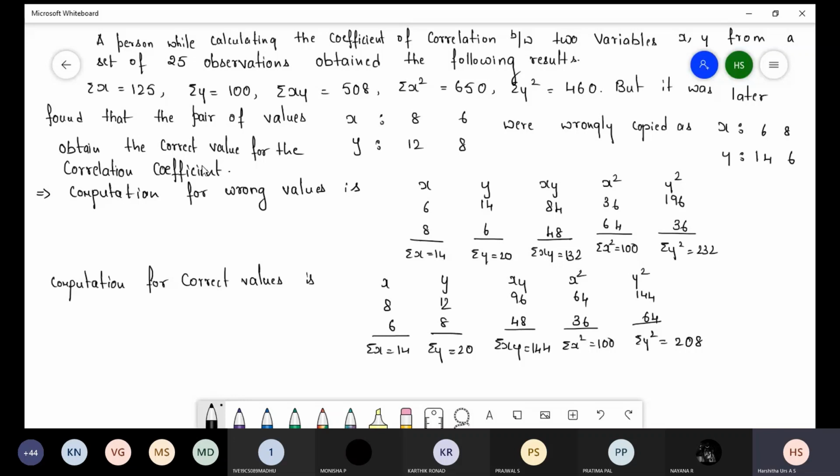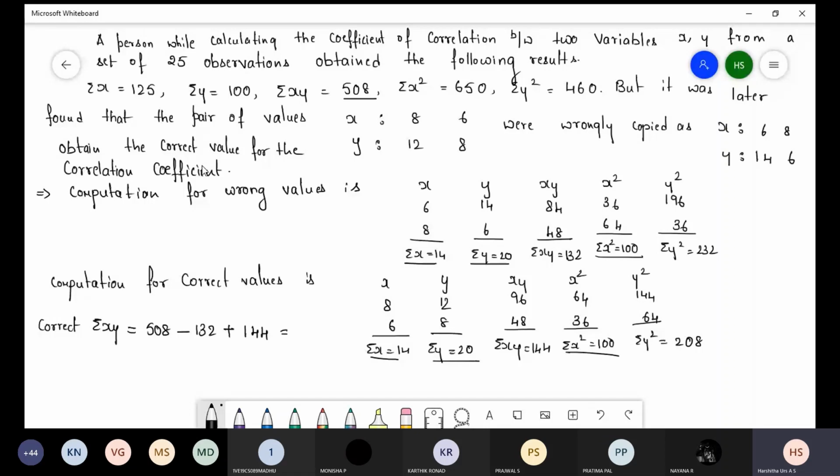After writing the calculation for the wrong values and the correct values, we have to write here what things are the same. Sum of x is same in both wrong and correct values. Sum of y is also same. Sum of x square is also same. Leaving these three, we have to find out the other two, that is sum of xy and sum of y square. Here, correct sum of xy: the value they have given in the question is 508 minus wrongly copied value plus correct value, that is 144.